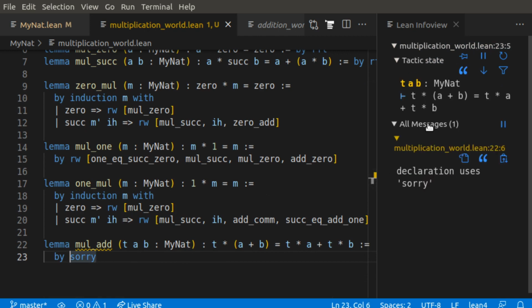Okay. T times (A plus B) equals T times A plus T times B. And see, it's T times the form of something. Maybe we can use induction again.